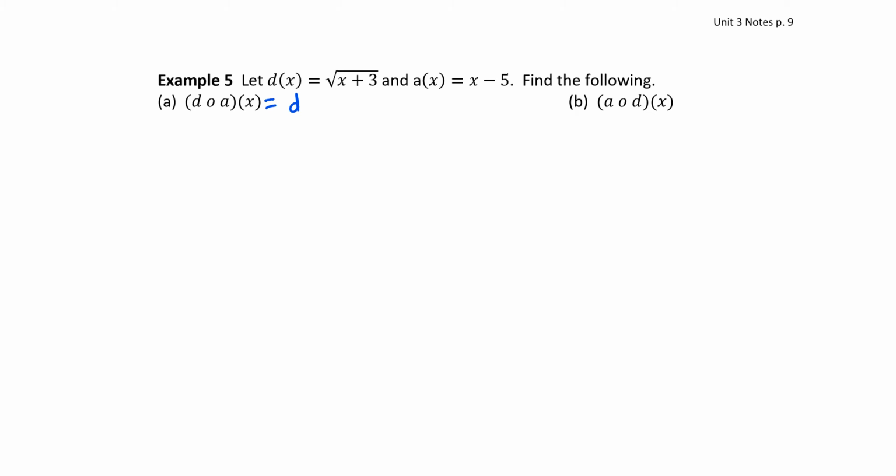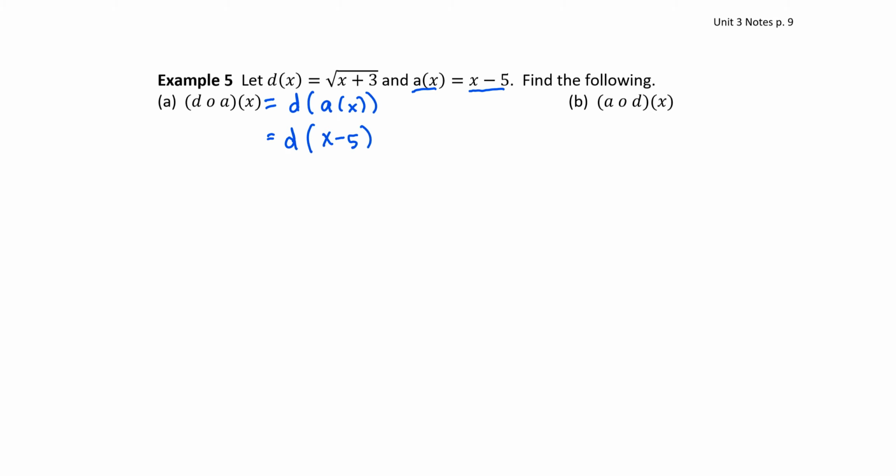So d is my outside function, a is my inside function. So I'm going to start, remember, the outside function waits until step 2. I'm going to start by replacing the inside function a of x with its rule x minus 5.